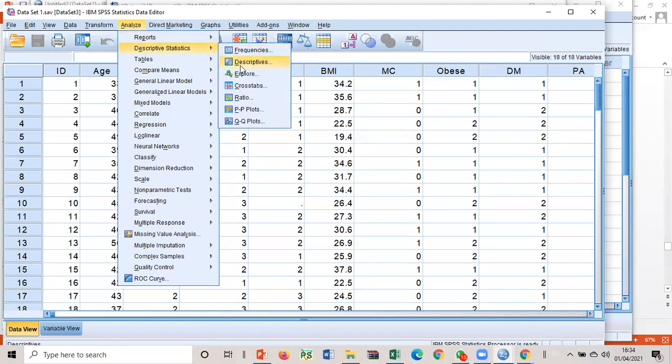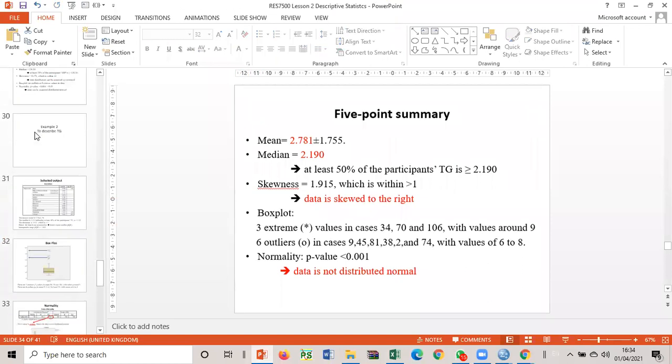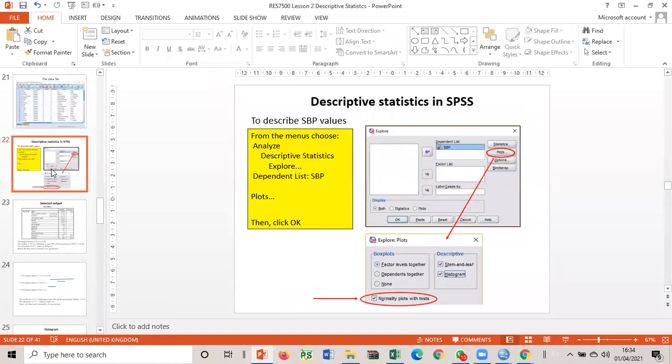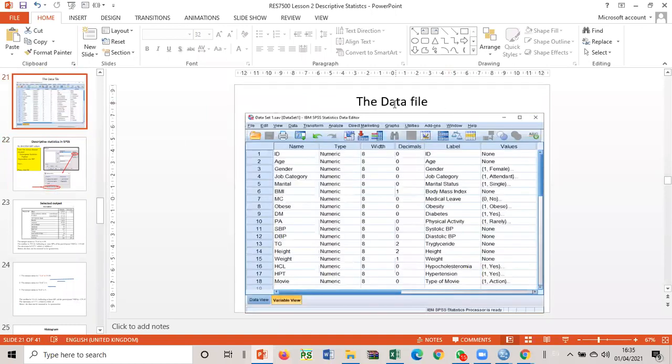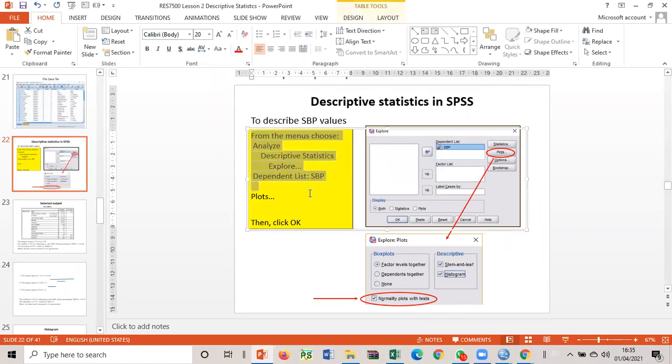Descriptive, explore. In your notes, I've given this procedure, how to do it. For this data, this is how you do it. Follow this instruction. Okay, let's do it.